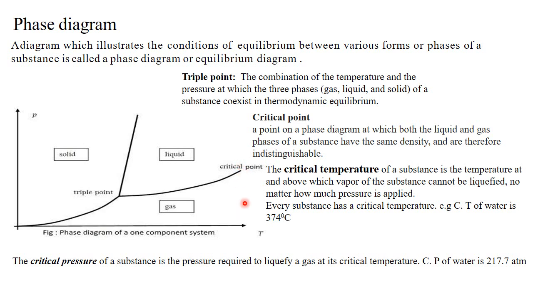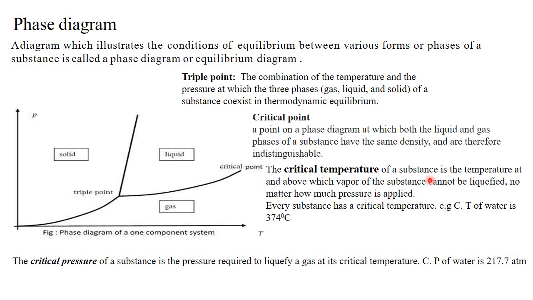The end of this line, the line which is separating the liquid phase from the gaseous phase, the end of this line is called critical point. The phase of the matter beyond this point will be called supercritical fluid.